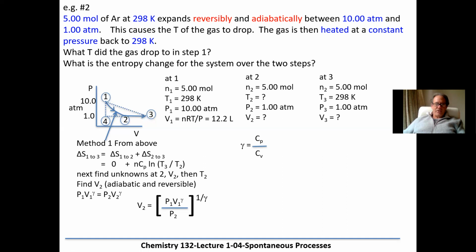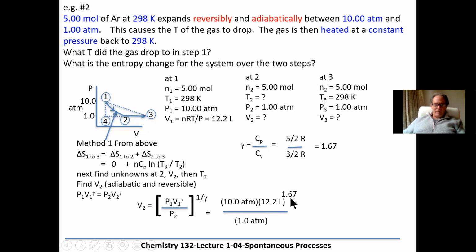Gamma is Cp over Cv. Cp is 5 halves R, Cv is 3 halves R. You're always given that; in this case, it's argon, a monoatomic gas. That is given on your information sheet. We know gamma for this particular system is 1.67, and we're ready to solve. So 10 atmospheres times 12.2 liters to the power of gamma, divided by 1 atmosphere. The 12.2 liters is the volume.